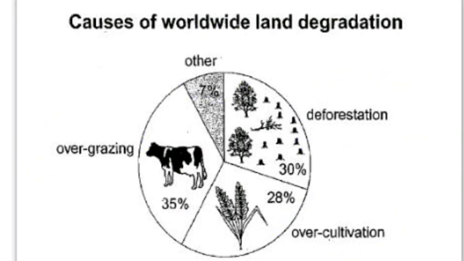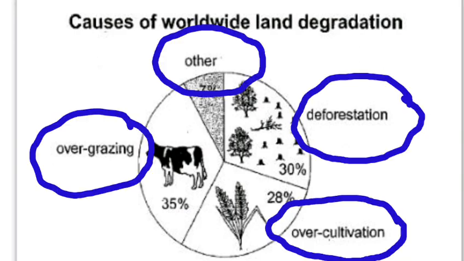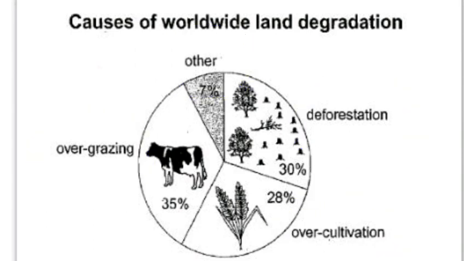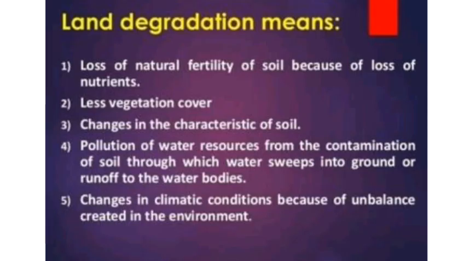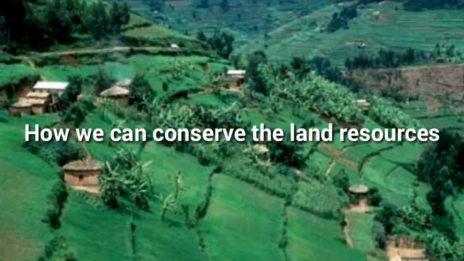Overgrazing, salination, waterlogging, desertification and soil erosion are some other important factors due to which land is now degraded. So, what do we have to do? We have to conserve our land resources, and let's see how we can do it.